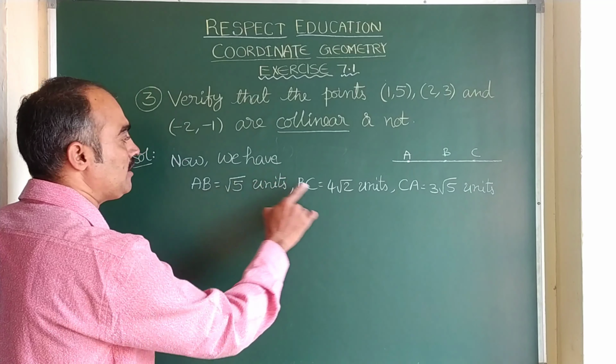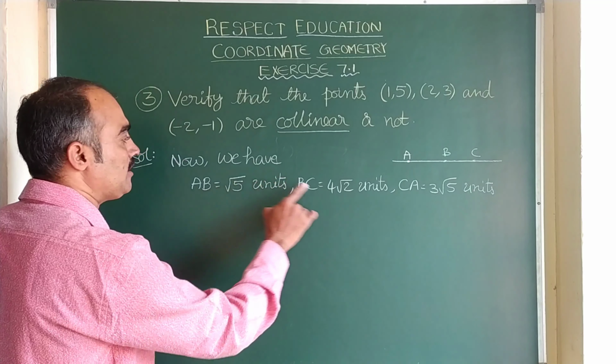However you add, 4 root 2 plus 3 root 5 cannot be equal to root 5, and that root 5 is nothing but AB. That means BC plus CA is not equal to AB.